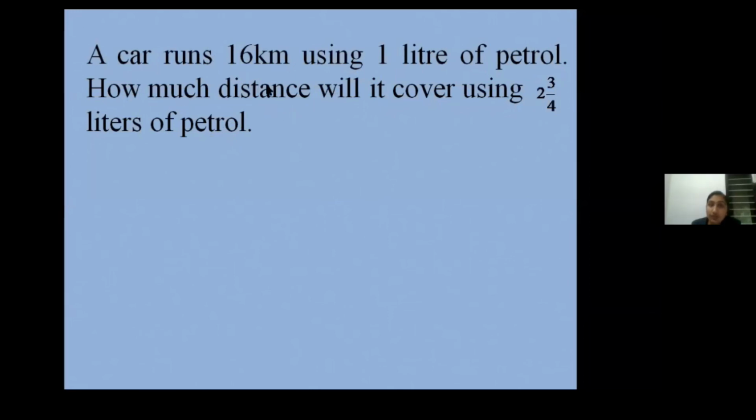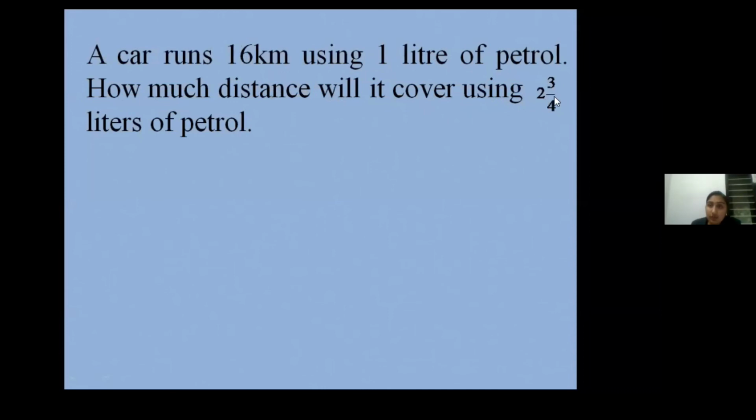For that, we have to multiply the quantity of liters of petrol. Consider it is 2 liters of petrol. That quantity you have to multiply with the distance, 16 kilometers. Here the question is, how much distance will it cover using 2 3 by 4 liters of petrol?